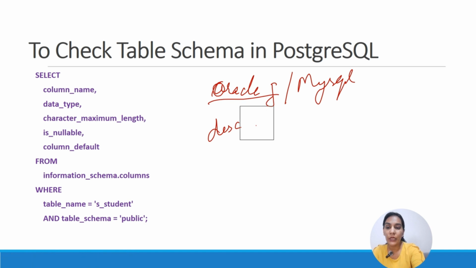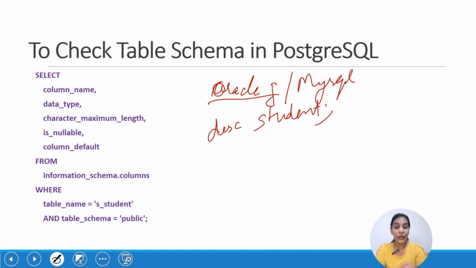Your table name here is student. We just write here student. Okay, so the describe command helps to check the schema of your table.